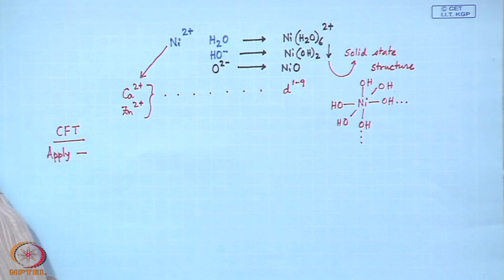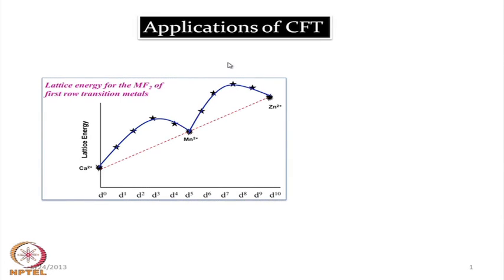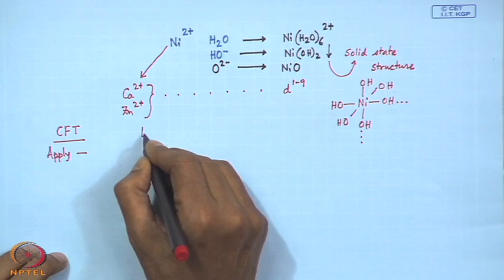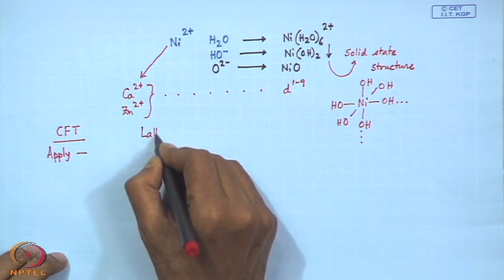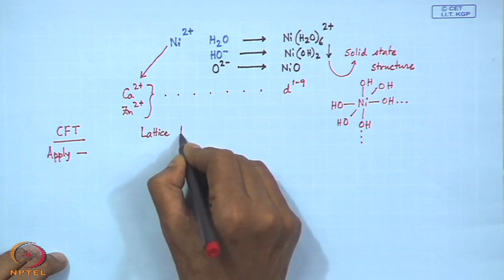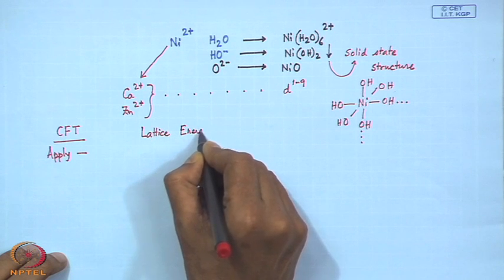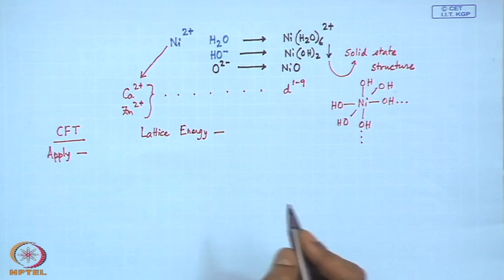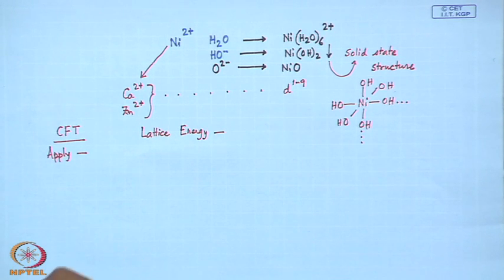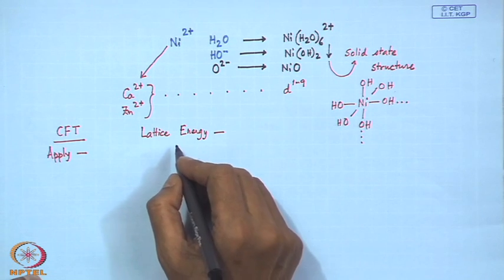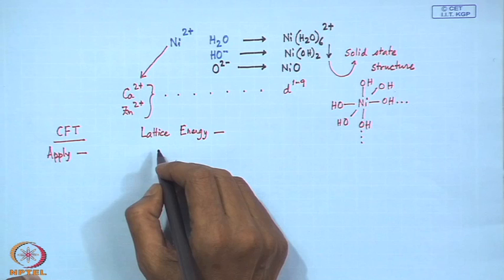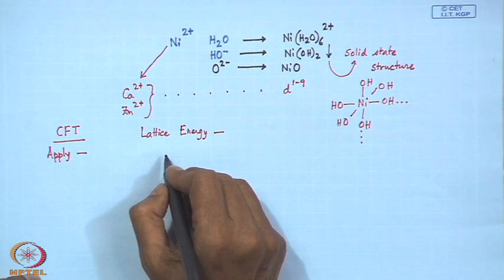So, the first example would be the corresponding lattice energy parameter. What we know is that we can calculate the lattice energy, applying the Born-Haber cycle, in terms of the corresponding lattice formation.